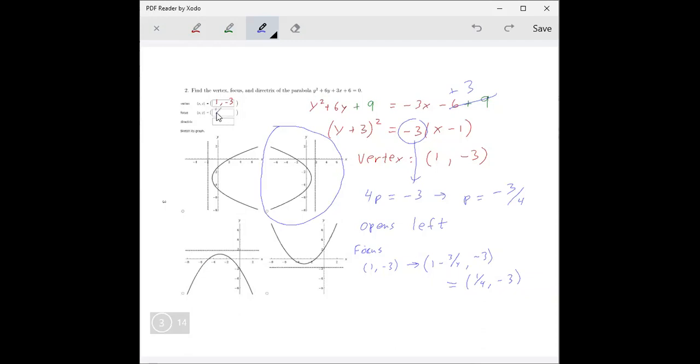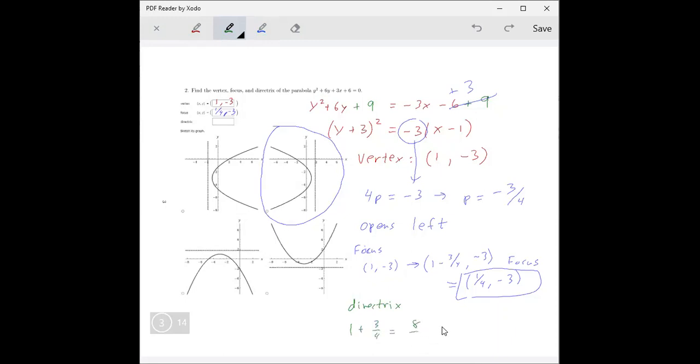Yeah, 1/4, negative 3. That's interesting. So that's the focus. Okay, then the directrix will be the opposite direction. So instead of subtracting 3/4, I add 3/4 to 1.